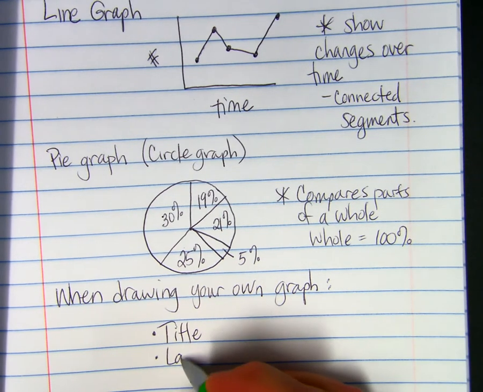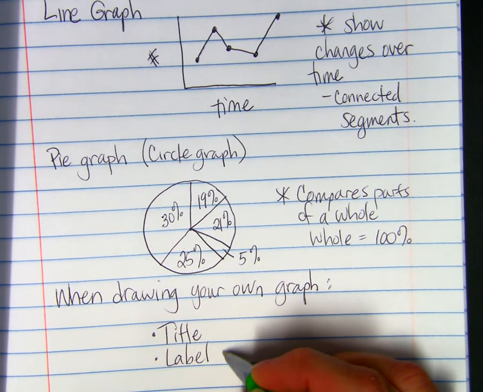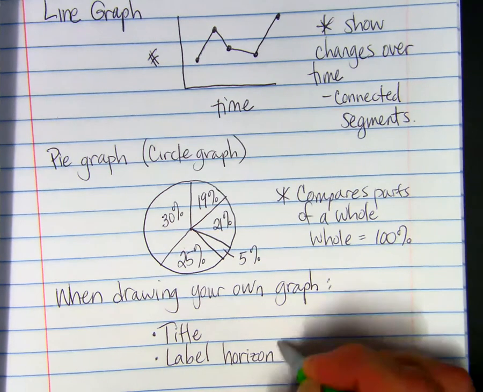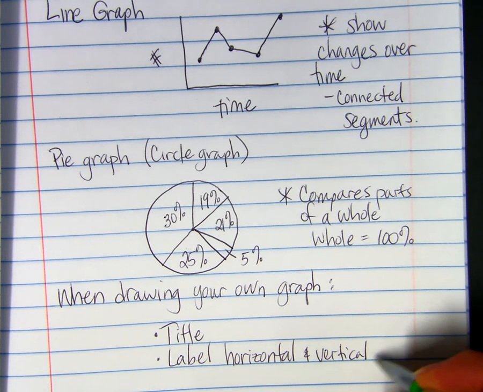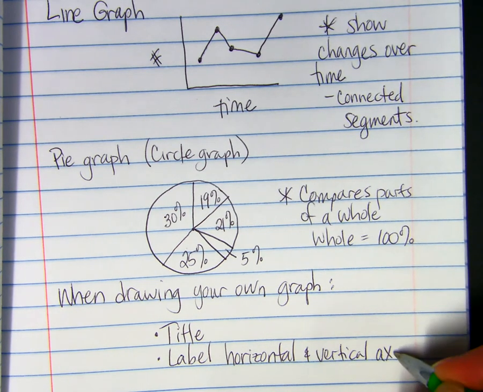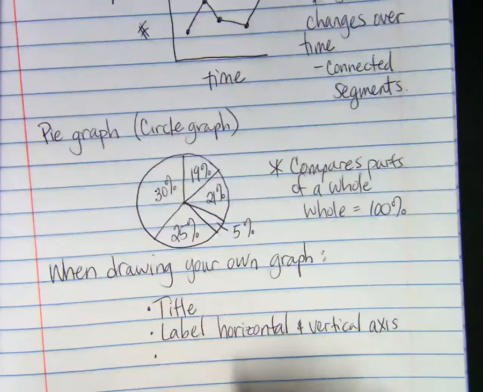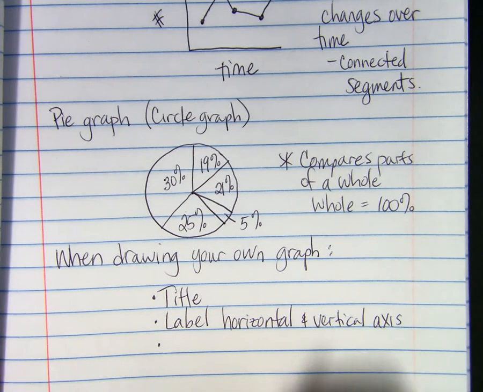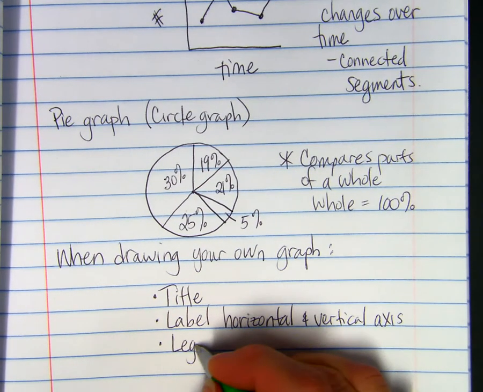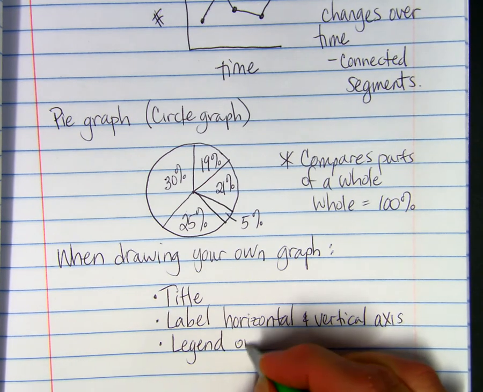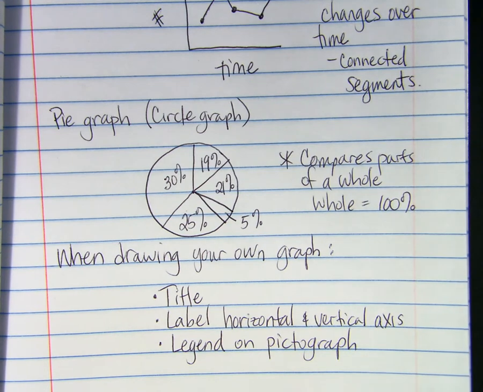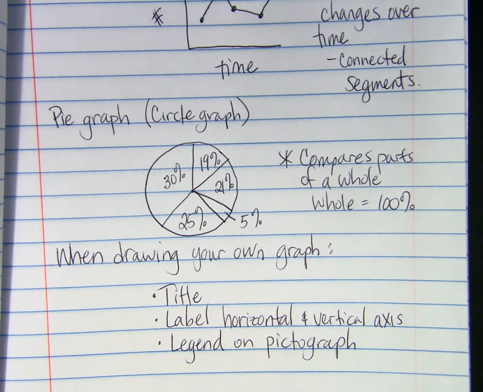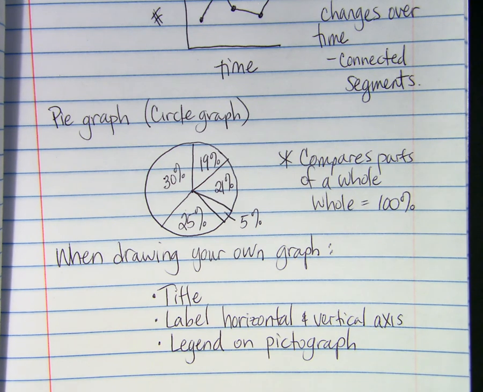You want to label your axes, so the horizontal and vertical axis or axes. And then you need to make sure to have a legend on your pictograph. So if you're doing a graph that has pictures in it or is a pictograph, you have to make sure you have the legend on there.